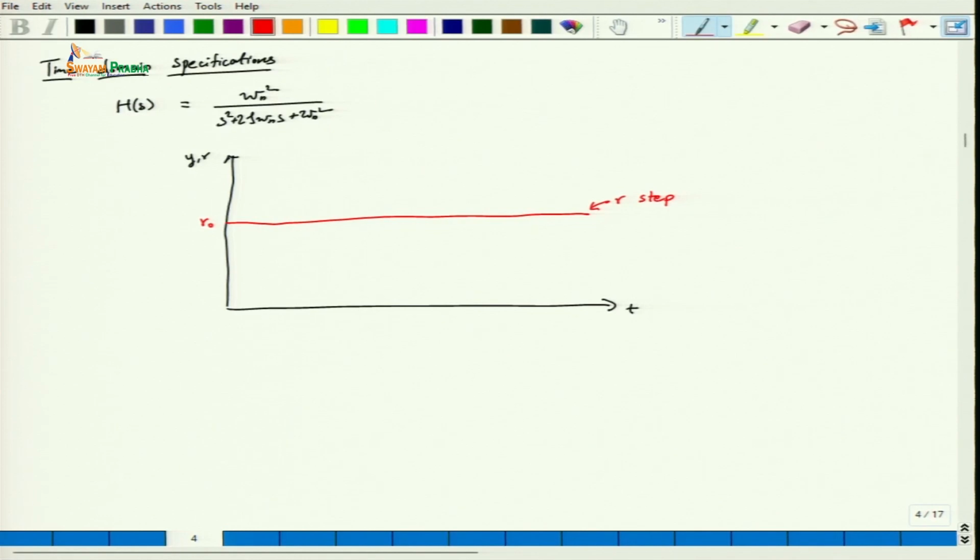Now, this system will behave, the output will look something like this. And we want to understand what are the time domain specifications. So, the first time domain specification is what we call the rise time.